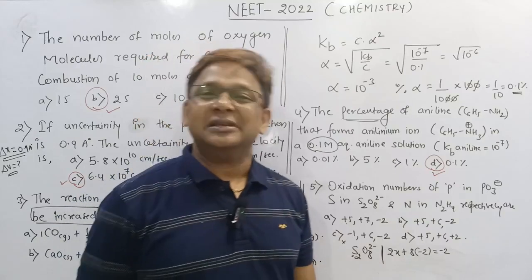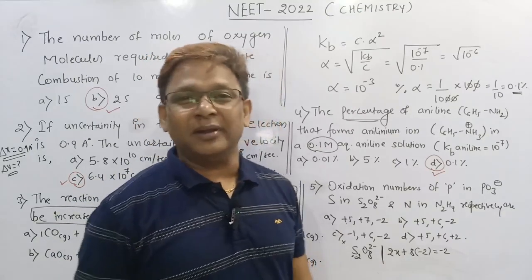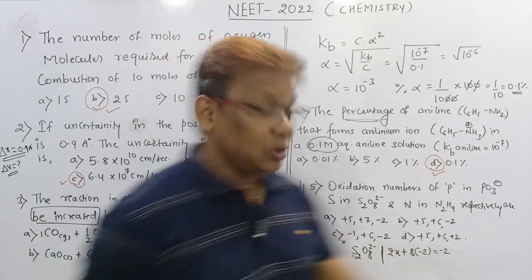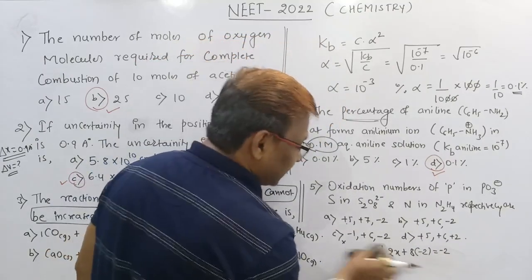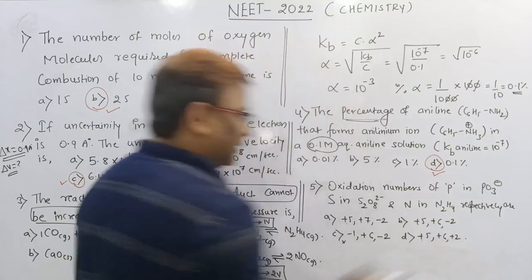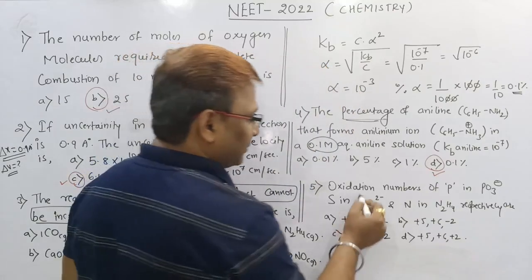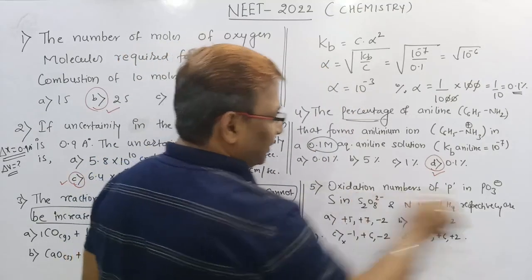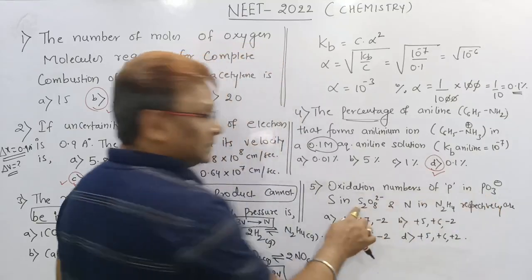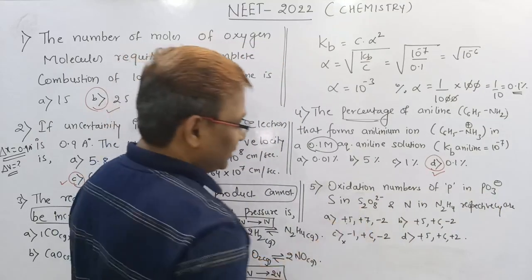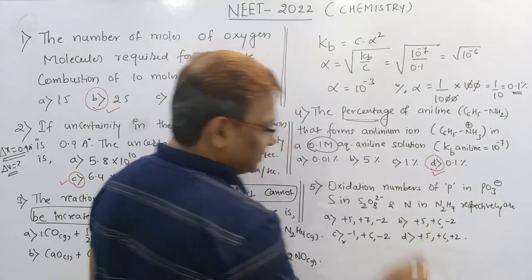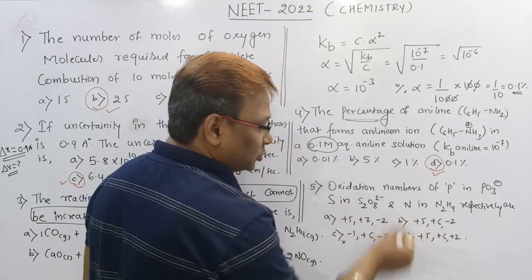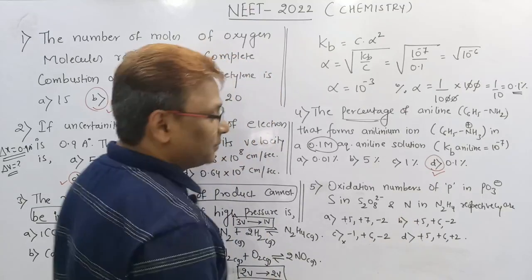As we know, sulfur belongs to the 6th group, its oxidation number should not be more than 6. As it is coming 7, it indicates it has a peroxy bond. So the oxidation number of sulfur will be plus 6. Our answer should be between these two, which two beta? B and D.